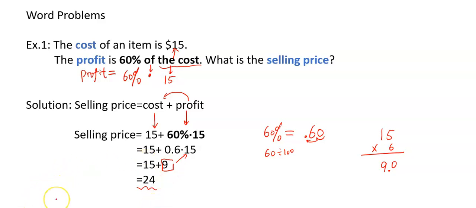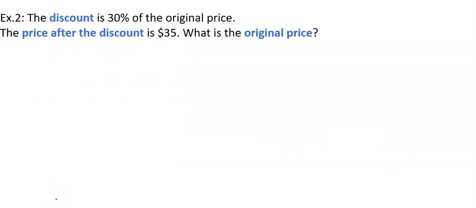The other type of word problem involving percent is when we go shopping, we buy things, and sometimes the stores offer a discount. In this case, it says the discount is 30% of the original price. Which means discount is equal sign, 30%, of means times, the original price.